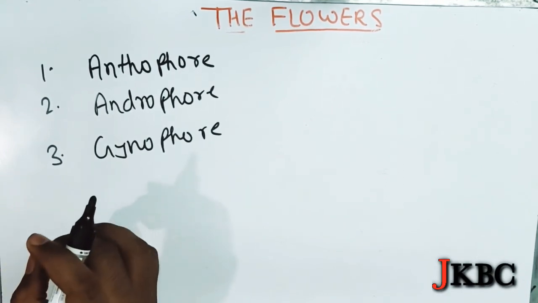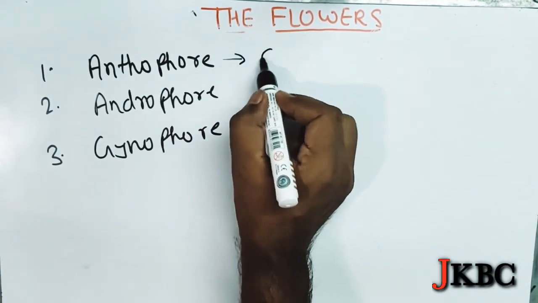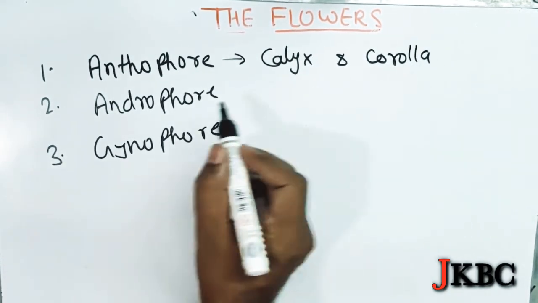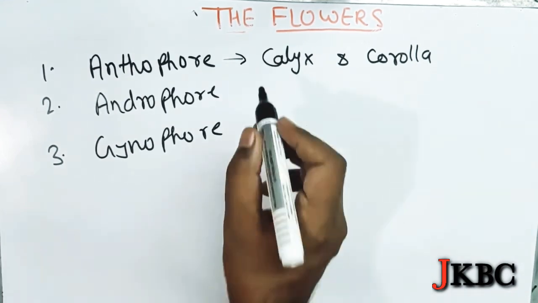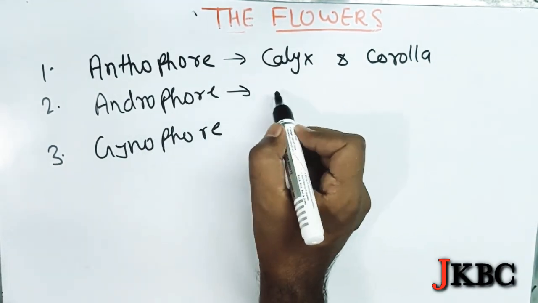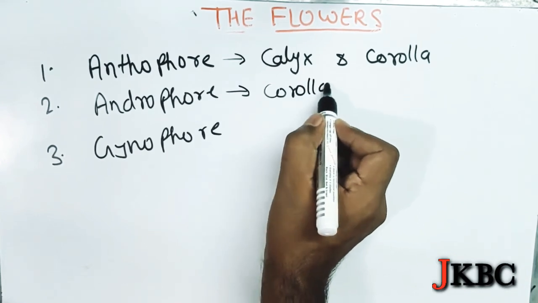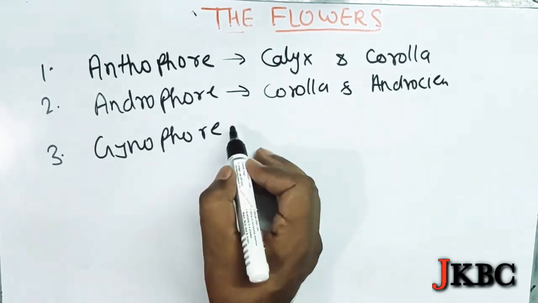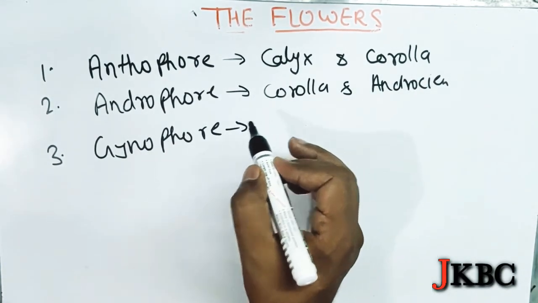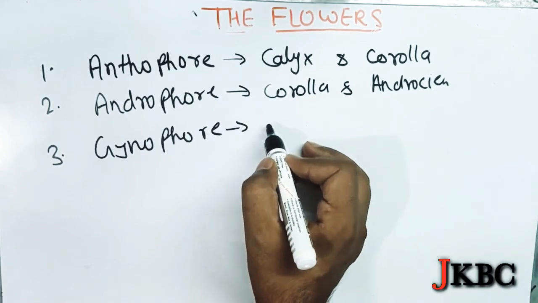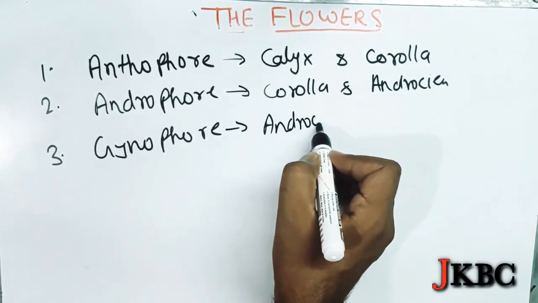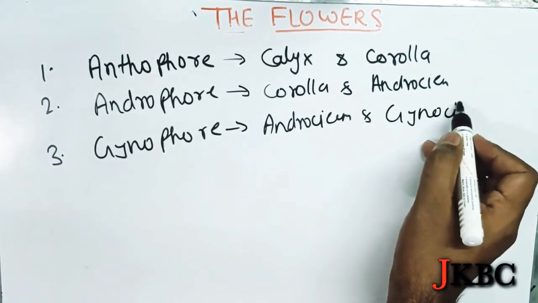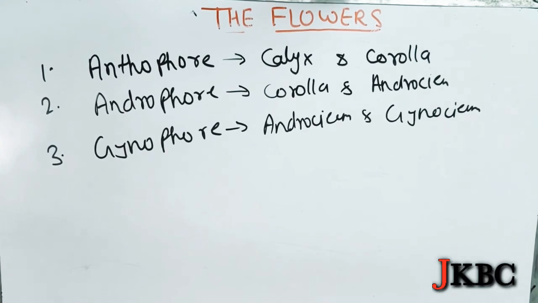If the internode in between the calyx and corolla develops normally, then this is called anthophore. If the internode in between the corolla and androecium develops normally, then this is called androphore. And if the internode in between the androecium and gynoecium is developed normally, then this is called gynophore.